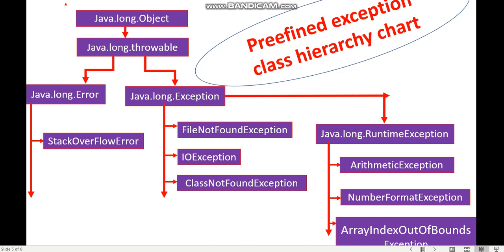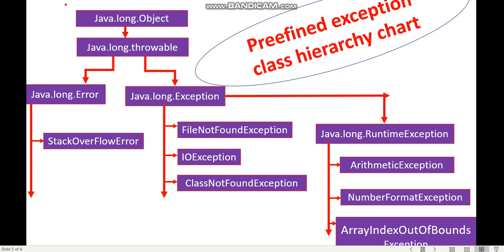java.lang.Throwable is the superclass for all exceptions in Java. And the next one is java.lang.Error. java.lang.Error is the superclass for all asynchronous exceptions.